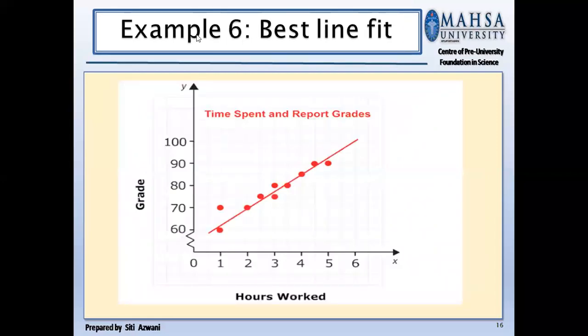Okay, next example 6. Here you can start the scale for your y-axis with the nearest number, but don't forget to put the zigzag here. Also, don't forget to write the title, the time spent and the report grades, the labels of your axes, and then draw the best line fit.